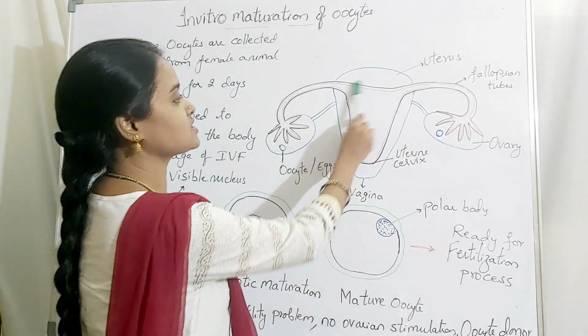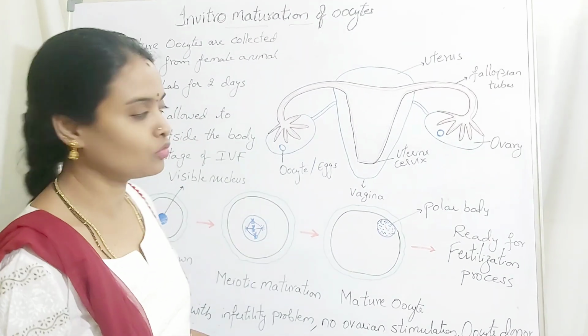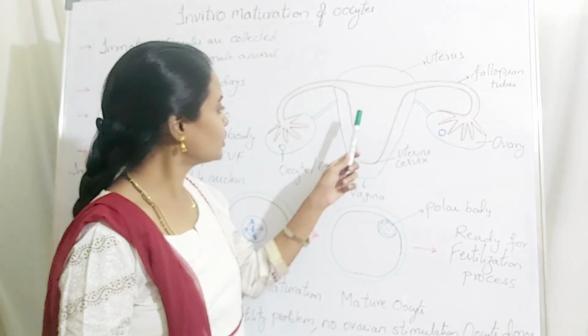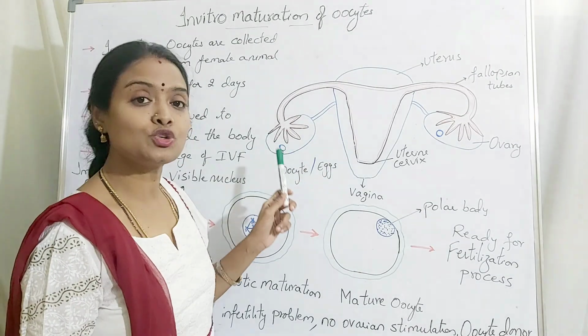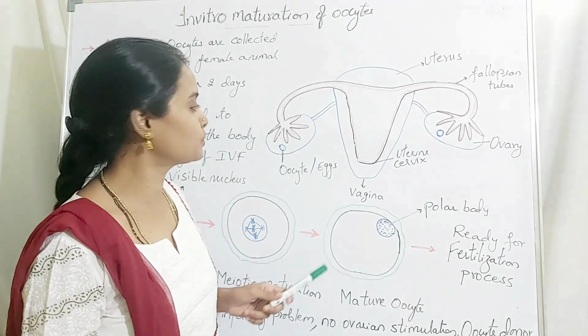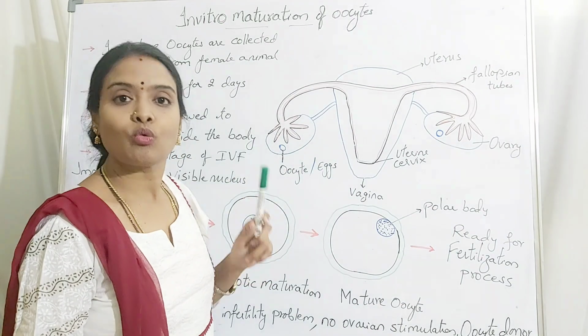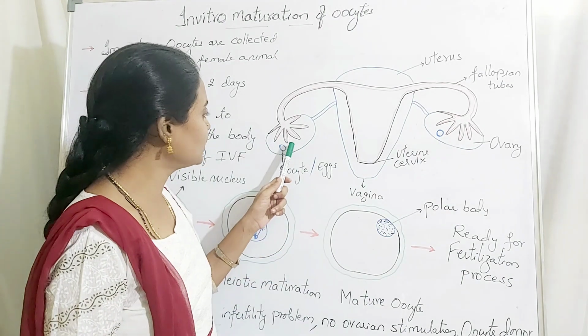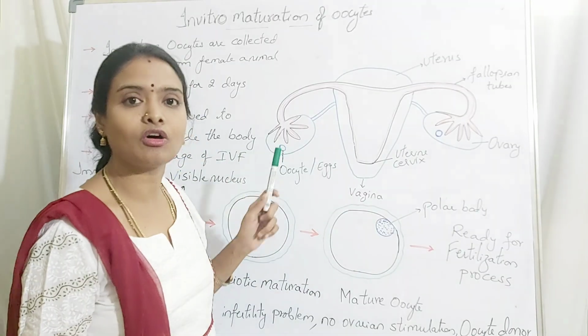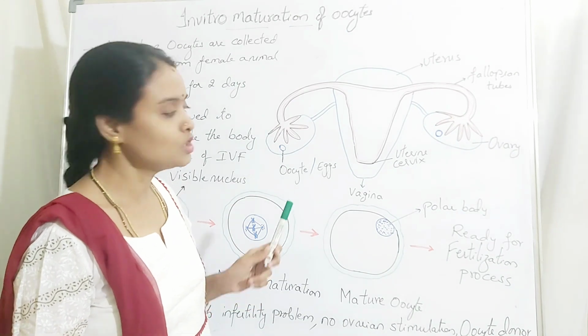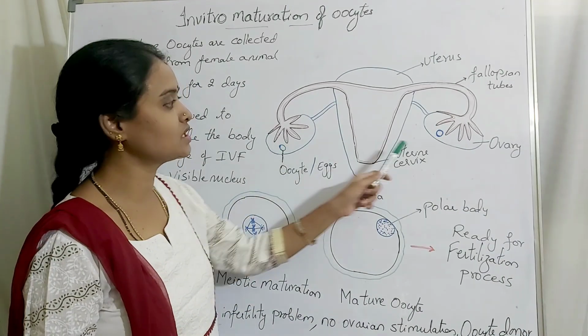So here this was the animal reproductive system we discussed in the last class. Either by superovulation or by the normal process, during one estrus cycle the follicle will result in the formation of one oocyte, right? Now you can see the oocyte is formed.